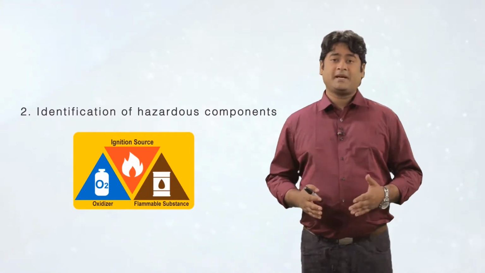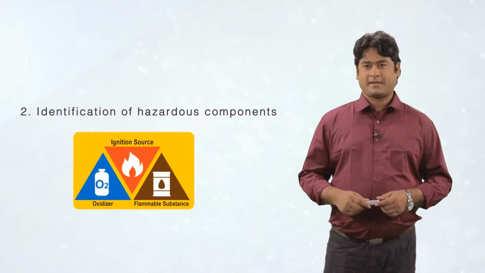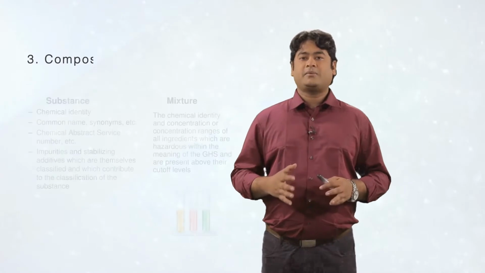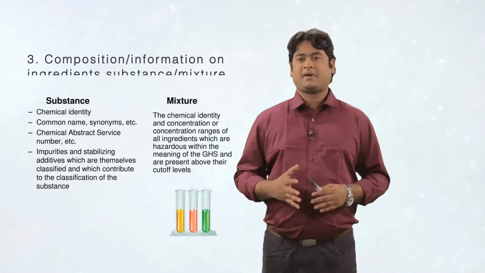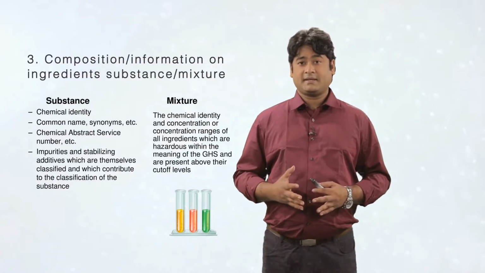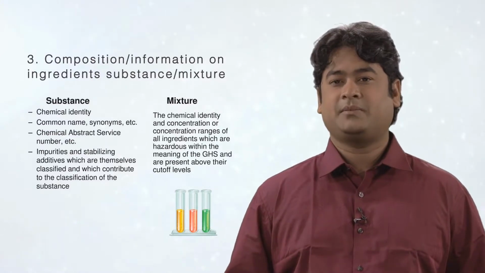Hazard statements like H phrases will be mentioned here, as well as the GHS pictogram may also be listed in section 2. In section 3, you will be able to identify the composition of the chemical and all the ingredients in it. If it is a mixture, this information will also be there.